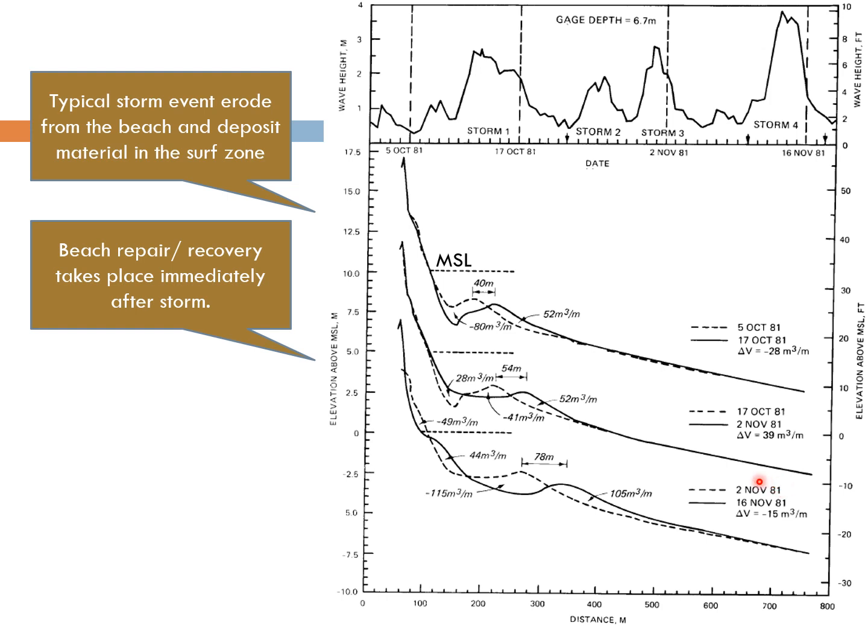Next, if we compare 2nd November with 16 November, which is another 2 weeks later, then we notice that the same longshore bar has been displaced further seaward again by 78 meters.